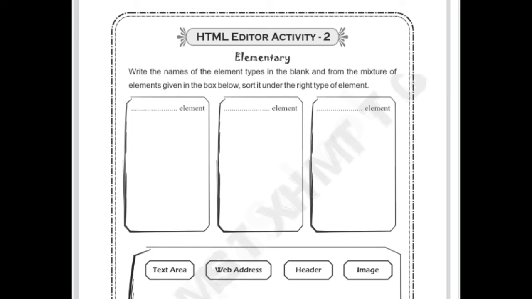Look at the second part of this image: text area, web address, header, image, and in the next row logo, email addresses, number, dates, spacer, phone number, footer, password.